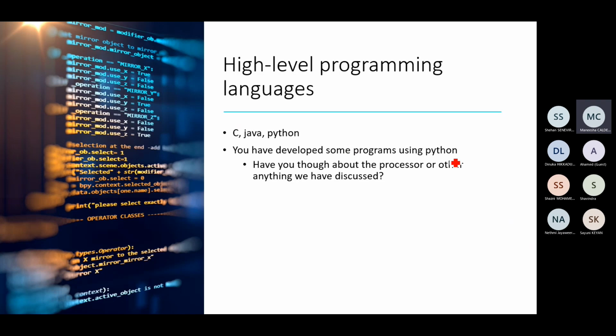So my question is, once you are developing an application, think about a print statement, System.out.println in Java or console.log or print, any statement that just gives an output for us. Did we think about the processor that we are working on? Any of you? Not really.